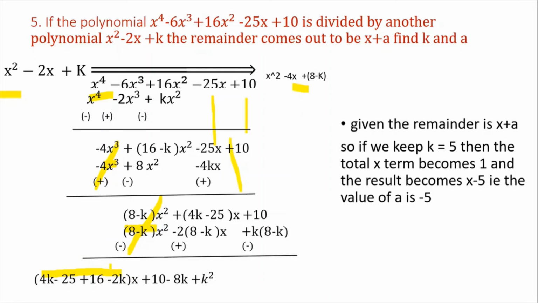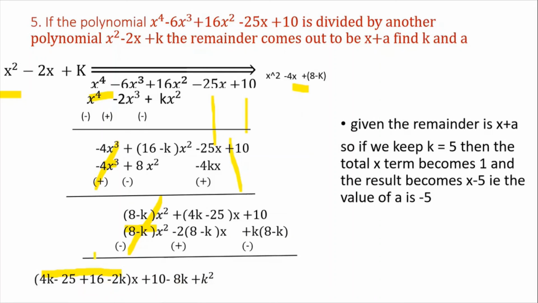So if we consider k is equal to 5, then in this expression, 10 minus 8 into 5 is minus 40 plus 10, that is minus 30, and plus 25, which is equal to minus 5.